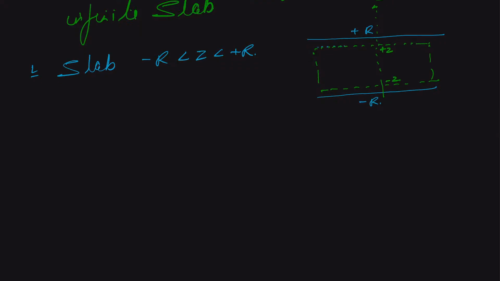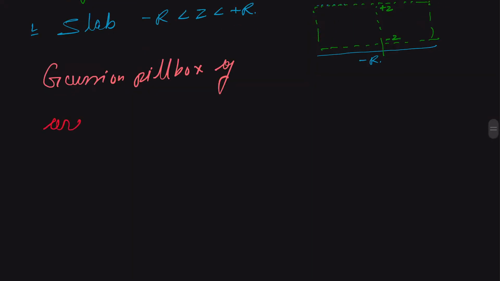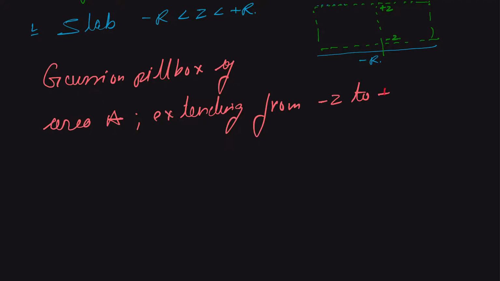You can say Gaussian pillbox of area A extending from minus z to plus z, with z less than r.